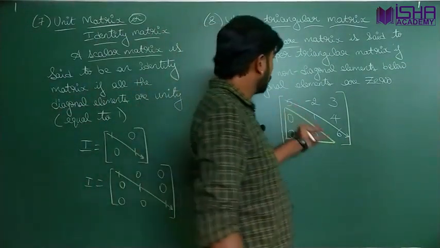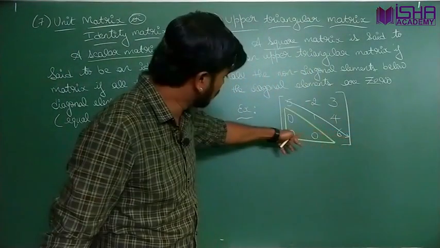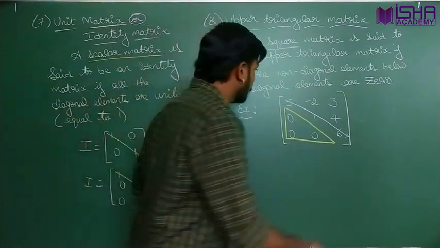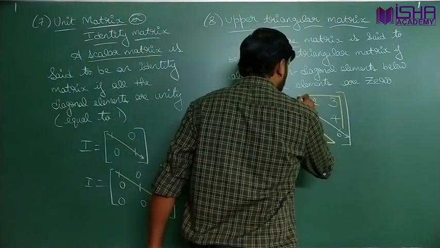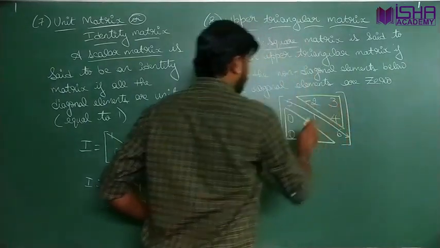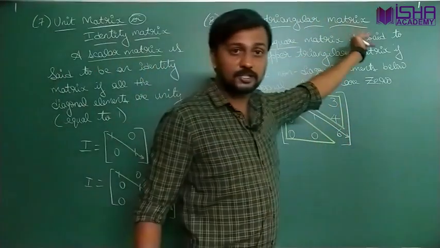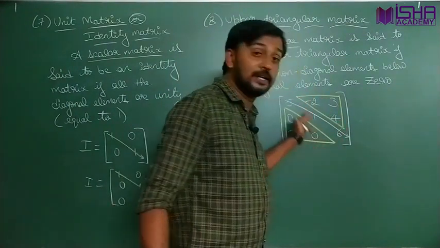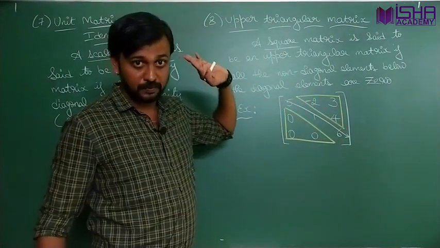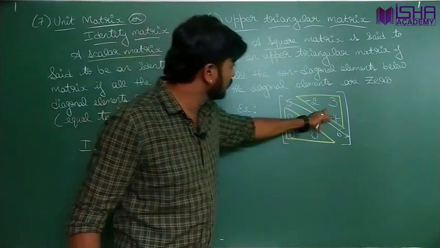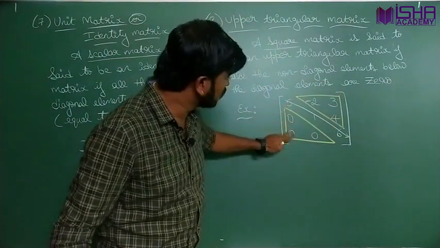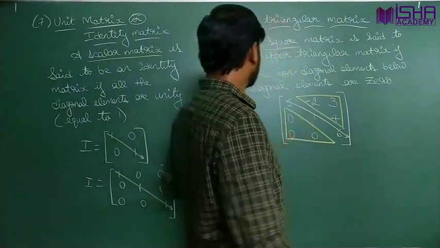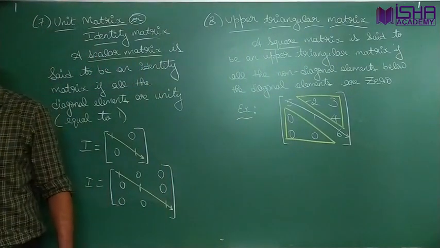If all the non-diagonal elements below the principal diagonal elements are 0, only then we call it an upper triangular matrix. This is an upper triangle. In an upper triangular matrix only the upper triangle elements will be present. The lower triangular elements will be 0. Clear? So this is regarding the upper triangular matrix.